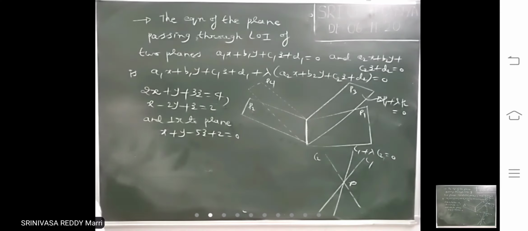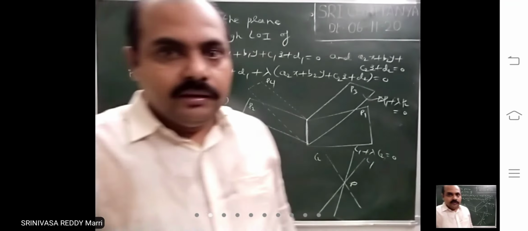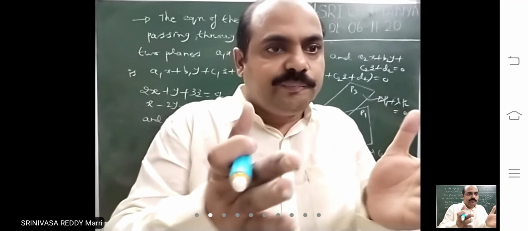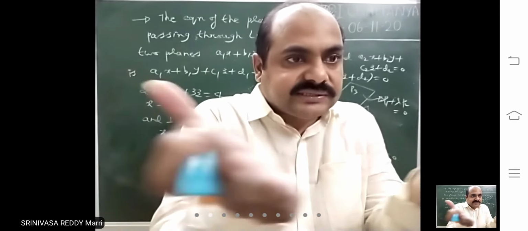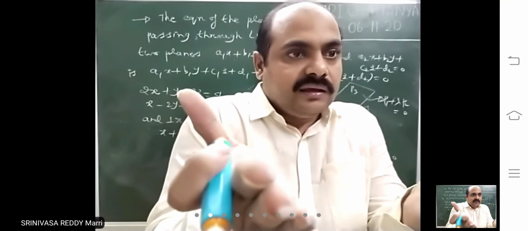Whenever a problem comes like this, line of intersection of two planes means you assume them as two papers. You want another plane which passes through the common line.